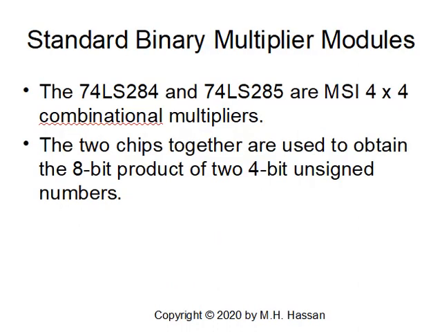As for standard binary multiplier modules, if we would like to buy our own chips, the 74LS284 and 74LS285 are MSI, medium scale integration, 4x4 combinational multipliers. The two chips together can be used to obtain an 8-bit product of two 4-bit integers or unsigned numbers.